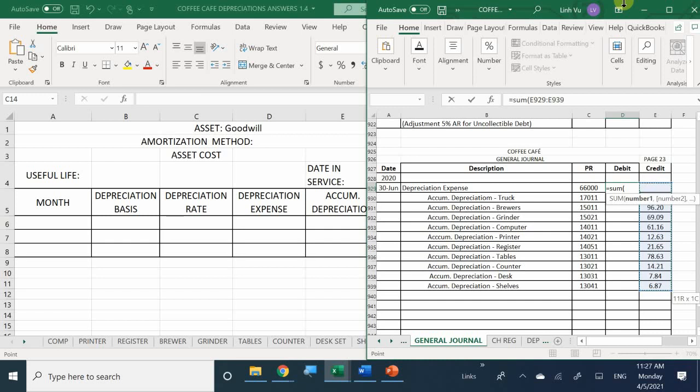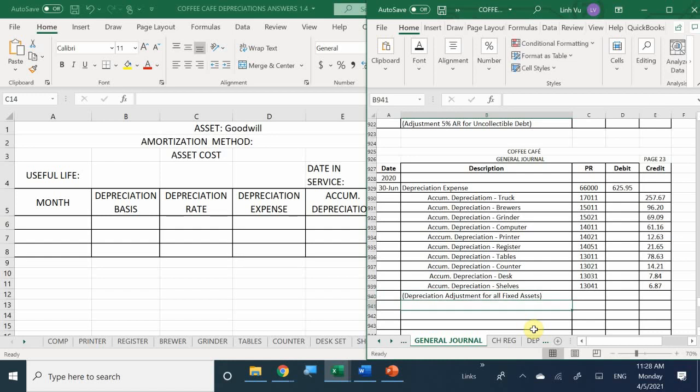What's my grand total of depreciation? 625.95. Good. And then here, I'm going to write depreciation adjustment for all fixed assets.